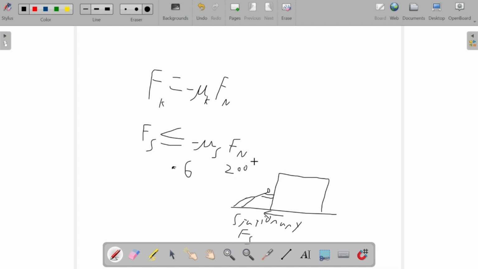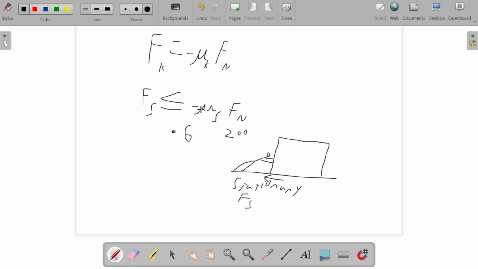So now you're pushing against it with only 100 newtons of force. What you notice is that this total can reach a maximum of 120.